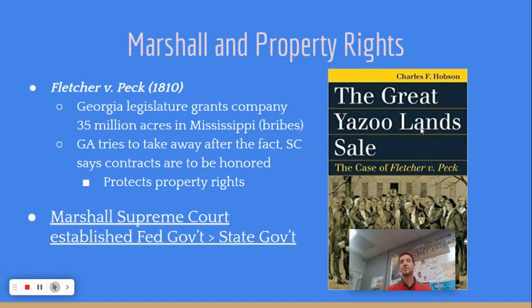If you are not picking up the trend I'm trying to describe with the John Marshall Court, it is that Marshall's legacy, starting with Marbury versus Madison, is that he established a precedent that the federal government and federal courts are going to be superior to individual state governments, and that the Supreme Court can come in, and if there's issues in the states, they can make judgments on those rulings.